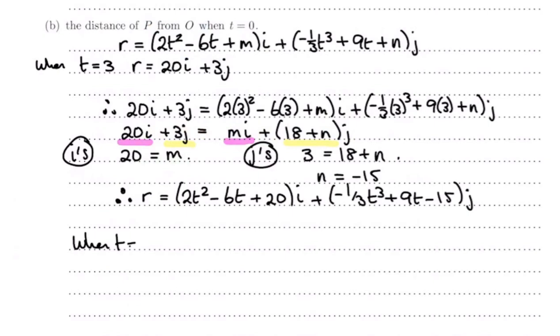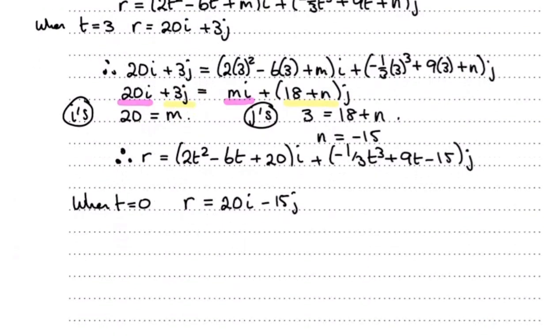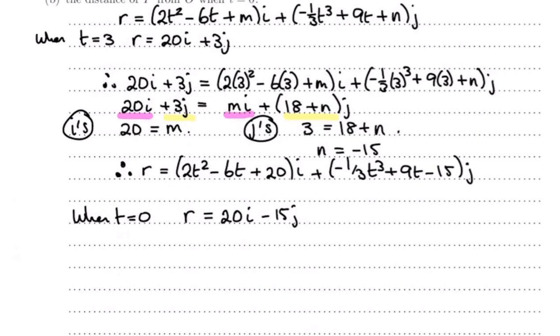So when t equals 0, r will equal 20i minus 15j, but it actually asks us for distance. So we're going to use Pythagoras. The length of OP is the square root of 20 squared plus negative 15 all squared, which is 25 metres.